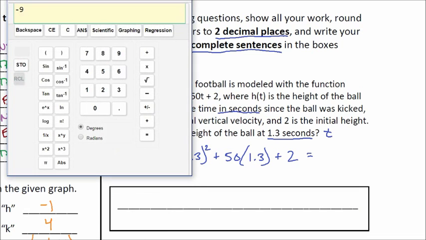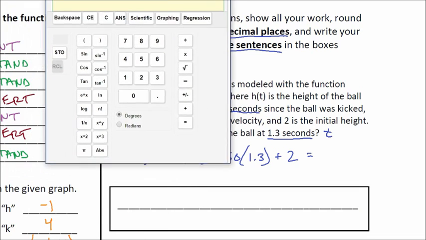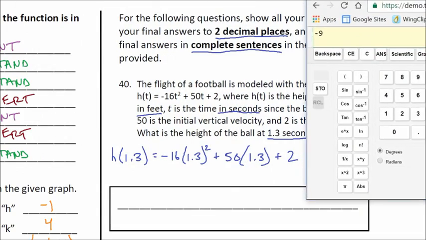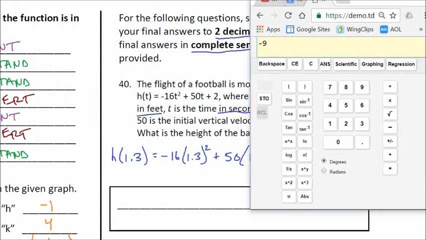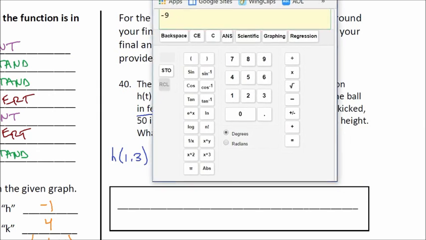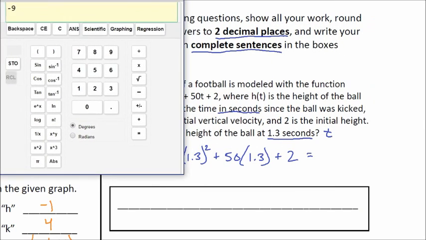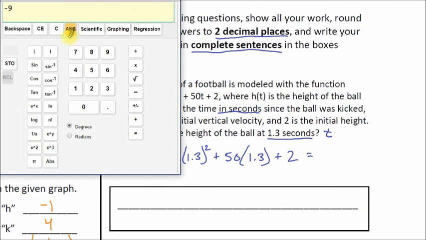Hold on, let me get that in there. Alright, I gotta move this over so I can see it. This could be a little bit tough. There's no possible way I can see the equation with my calculator, so I will try my best to remember this. We've got negative 16 times 1.3 parentheses squared.